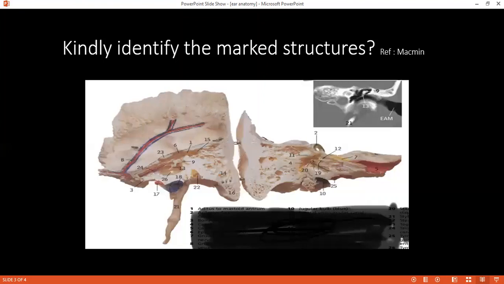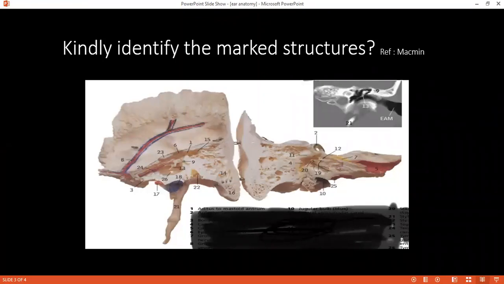All right. Can you please tell me the boundaries of the middle ear? Yes, ma'am. Superiorly, there is a tegmen tympani, which separates the middle ear cavity from the temporal lobe and middle cranial fossa. Inferiorly, there is a thin plate of bone which separates the middle ear from the jugular venous bulb of internal jugular vein.